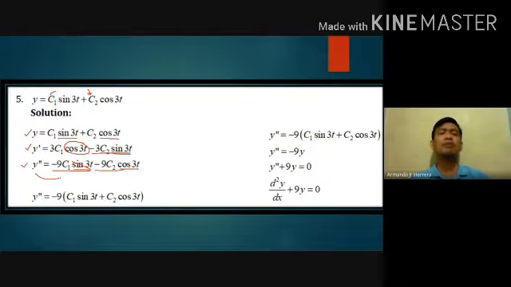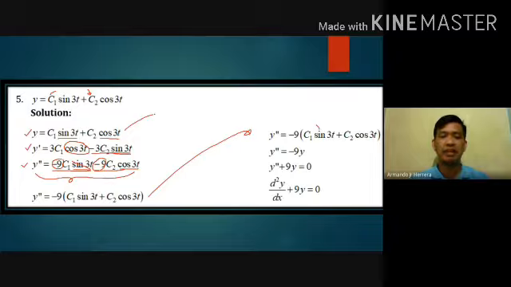So if you try to simplify this, negative 9c1 sine 3t, negative 9c2 cosine 3t, notice that negative 9 is common to both terms. So factoring that out gives negative 9 times c1 sine 3t plus c2 cosine 3t. But as you can see, this c1 sine 3t plus c2 cosine 3t is actually your given.